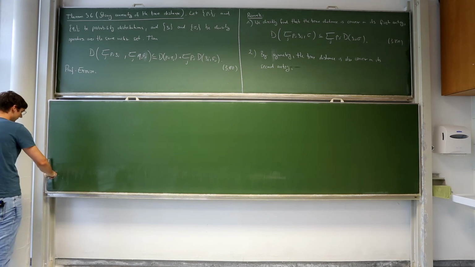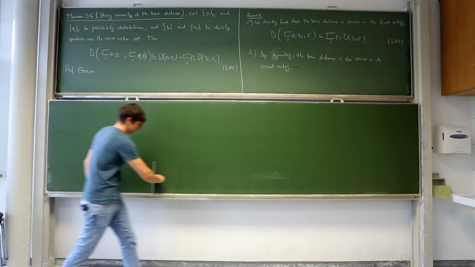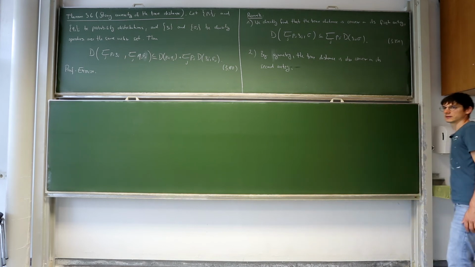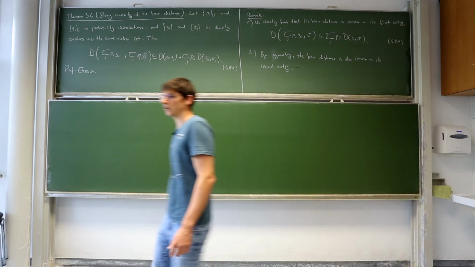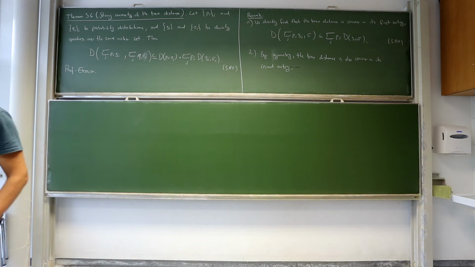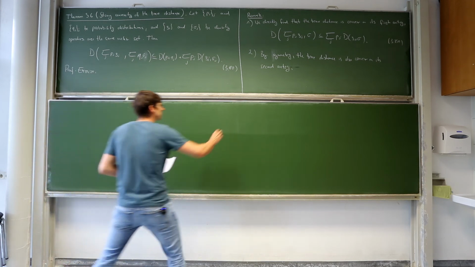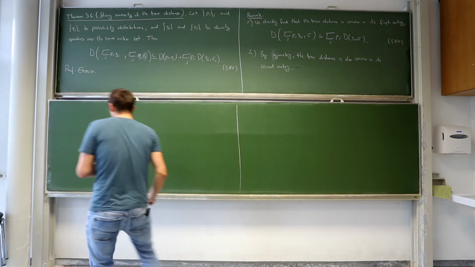Right, and now remember that for the distance of classical distributions, we also defined the fidelity. Now what we're going to do is define the quantum counterpart of the fidelity. This is now section 3.2.3.